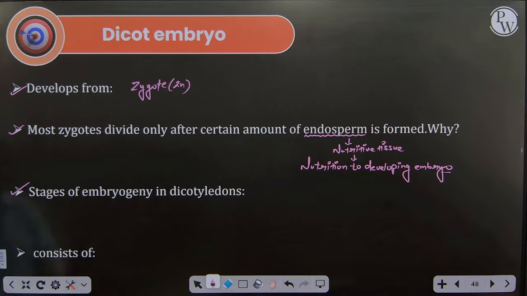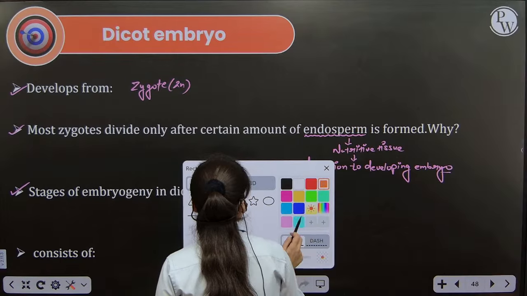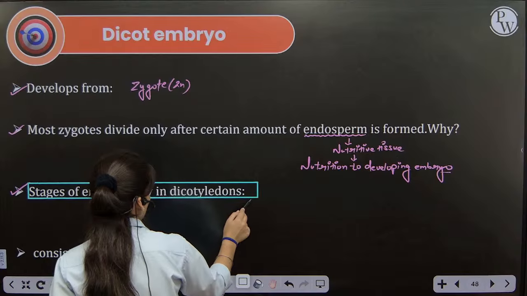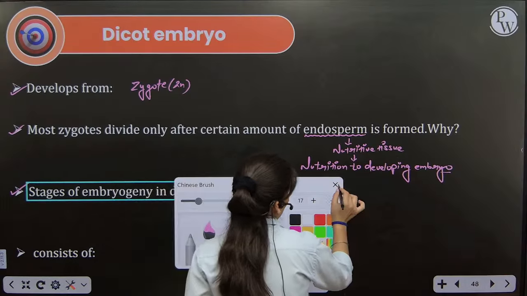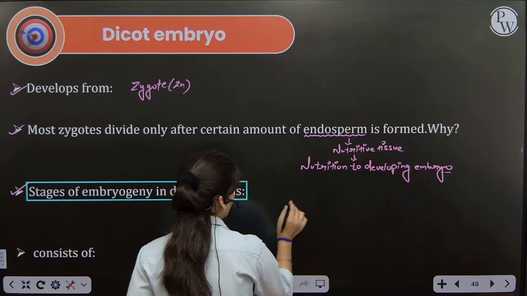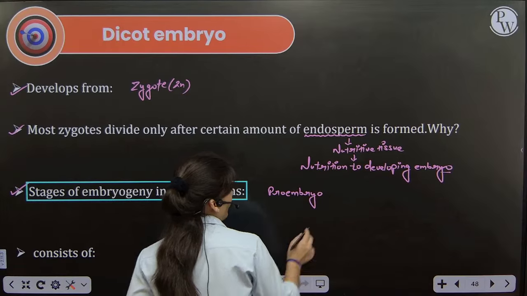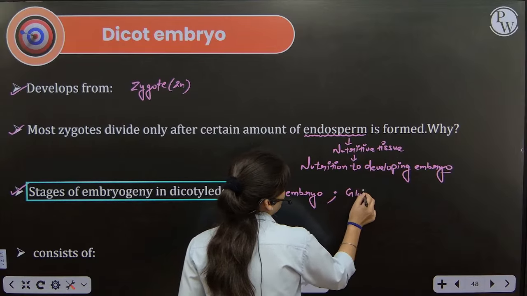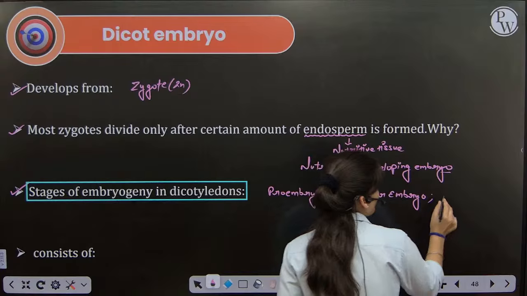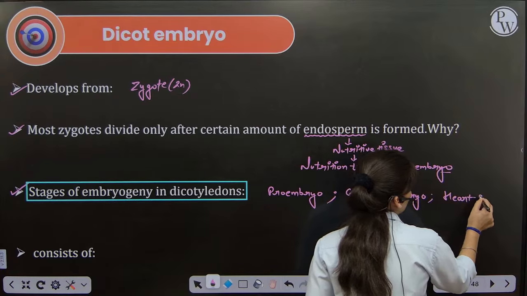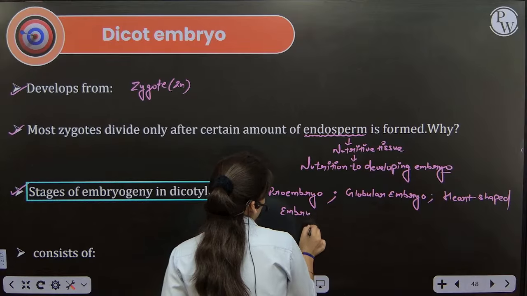That's why zygote divides only after a certain amount of endosperm is formed, in order to get the nutrition from the endosperm. Stages of embryogeny in dicots are: first pro-embryo, then globular embryo, then heart-shaped embryo is formed, and last one is mature embryo.